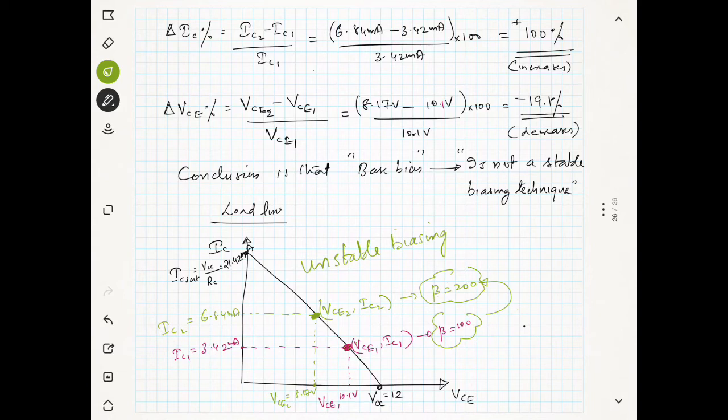As you have observed in the previous lectures, whenever there is a resistor at the emitter, the biasing technique becomes more stable. Now we will add an emitter resistor to this biasing technique. This is the biasing technique that we have discussed now.